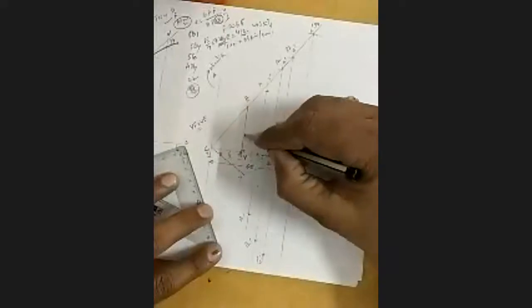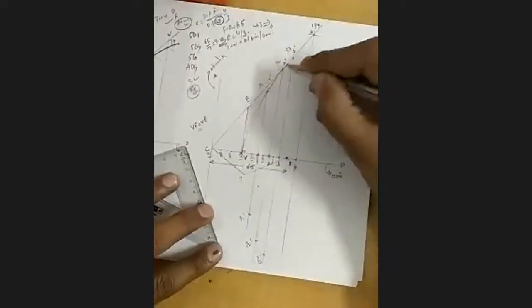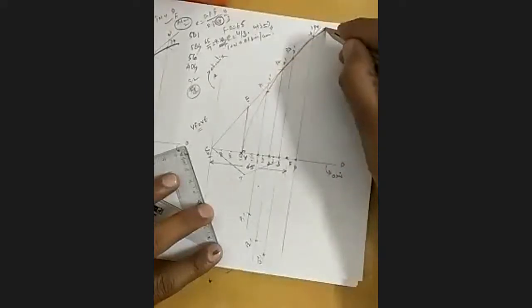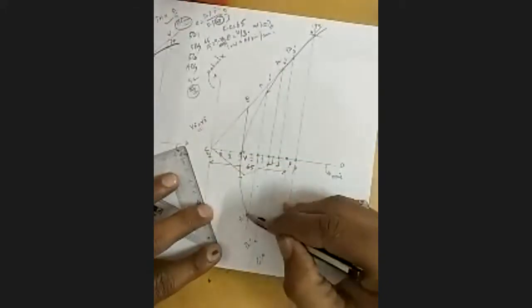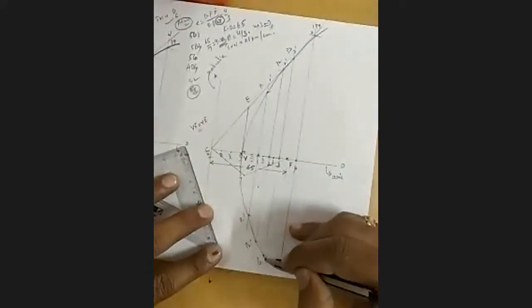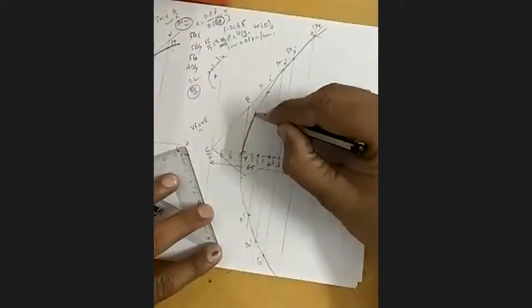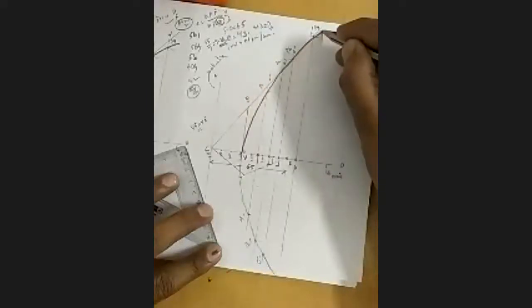Join from the vertex, a very smooth curve. Join from the vertex, darken it. Once you are happy with the nature of the smooth curve, extend it.